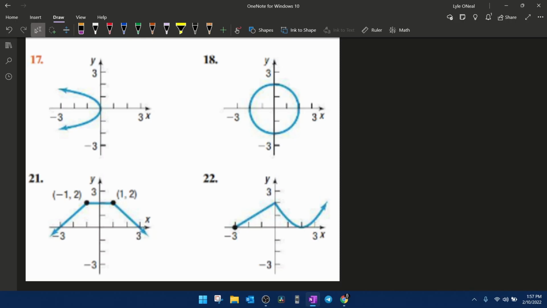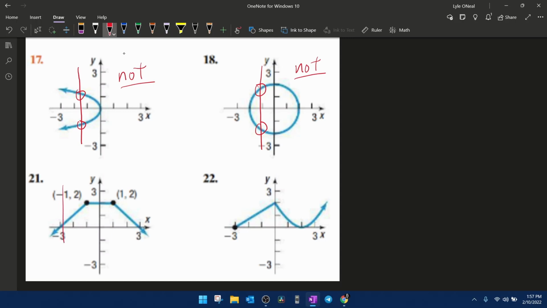All right, let's run through four more examples. Number 17, if there is a vertical line that touches more than one time, then that graph is not a function. Number 18, again, a vertical line touches more than one time. That is a no, not a function.